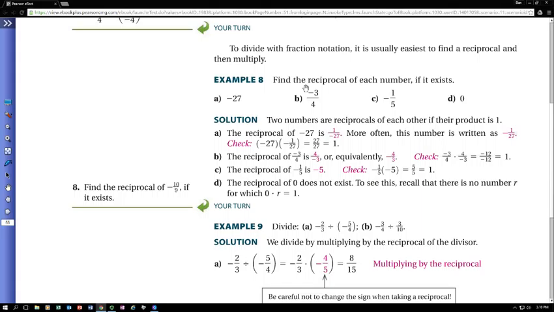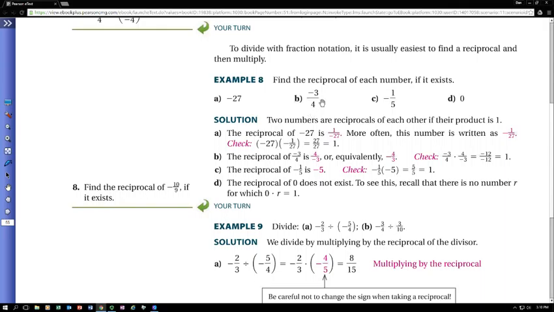So if I have 2 and I want to multiply by something to get 1, I have to multiply by 1/2, because 2 times 1/2 is 1. If I have 2/3, well, the reciprocal of that is 3/2, and people bring up this flippy thing and all that kind of stuff. But 3/2 times 2/3 is 1. That's why they're reciprocals of each other.